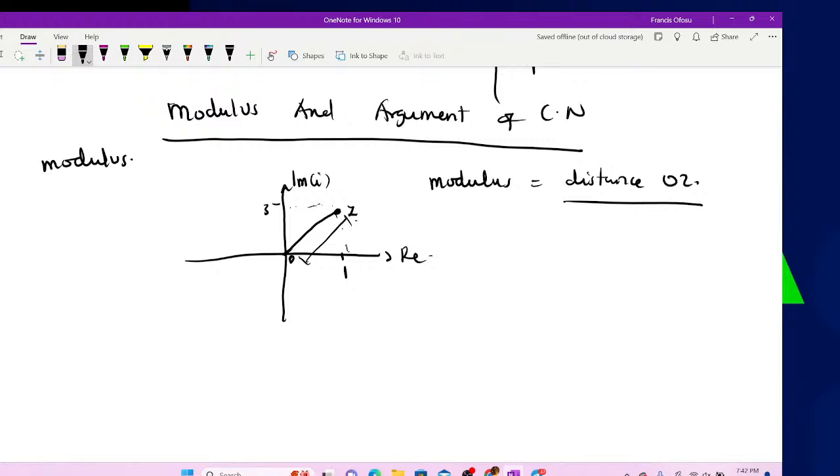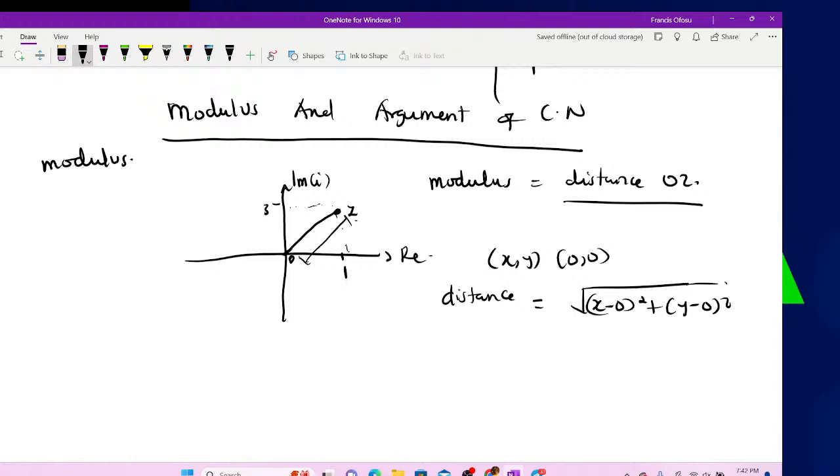Now, to find distance, basically distance is given by the general formula. If I have a point (x, y) in a plane, and I want to measure the distance from the origin (0, 0), this is simply equal to the square root of (x minus 0) all squared plus (y minus 0) all squared.